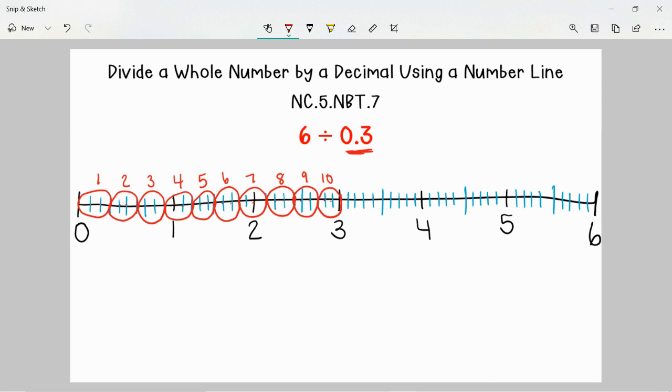So far we have made 10 groups of 3/10, and we have gotten to 3 wholes.